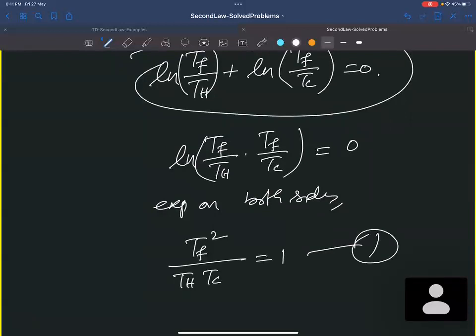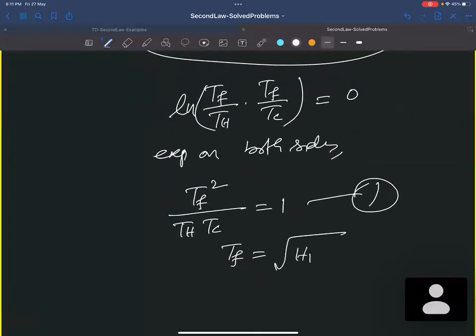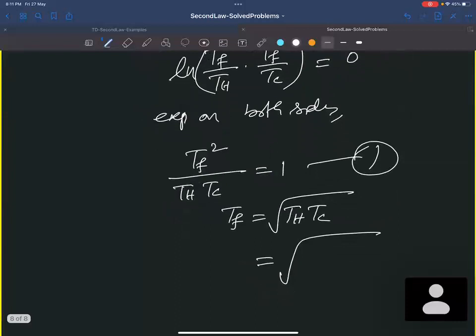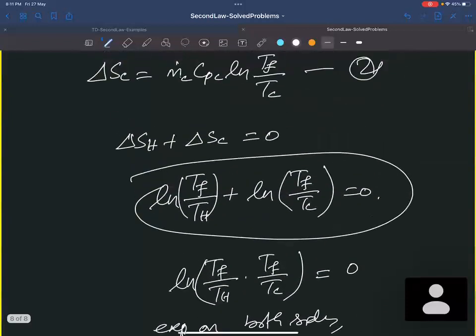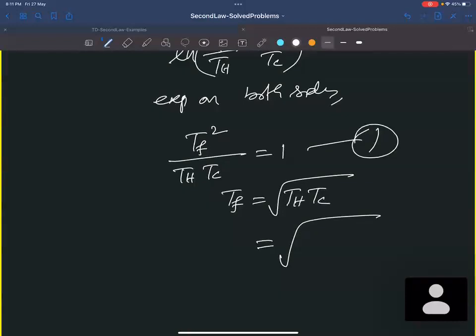We are already given TH and TC, from which you can get TF to be equal to root of TH into TC. So what is TC? Everything has to be in Kelvin. Whenever you are dealing with this kind of formula, with temperature in ratio, these formulas are with respect to absolute temperature only.